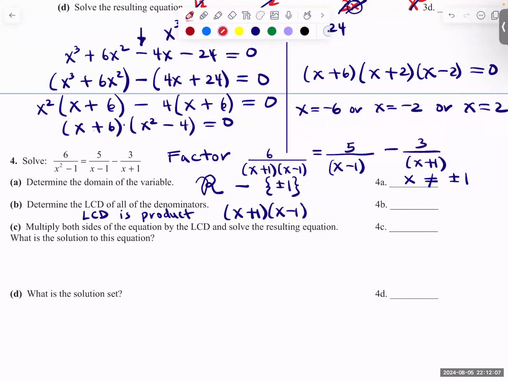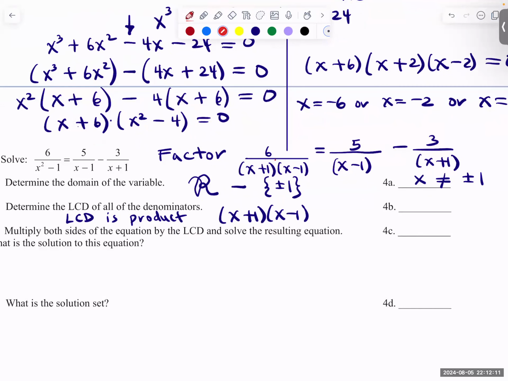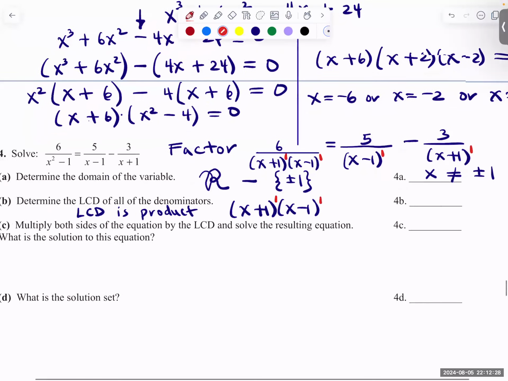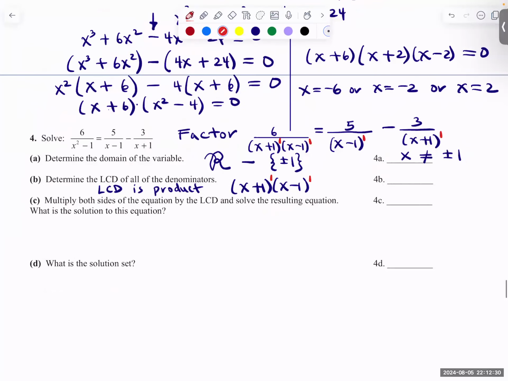Furthermore, if we put a 1 as the exponent on each of those binomials in the denominators, the greatest exponent on x plus 1 is a 1, so you would only use a 1 on x plus 1, and the same for x minus 1. The greatest exponent is a 1 in all the denominators. In more advanced problems, you could have greater exponents on those unique binomial denominators, and you would use the greatest exponent.